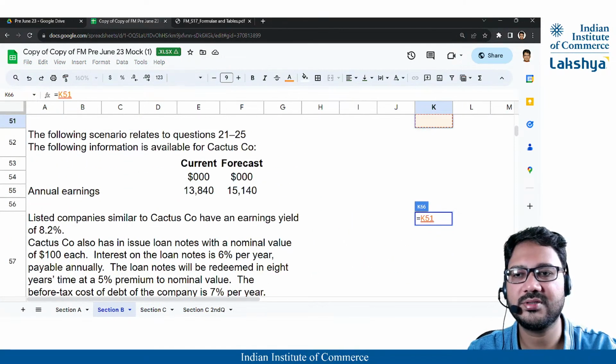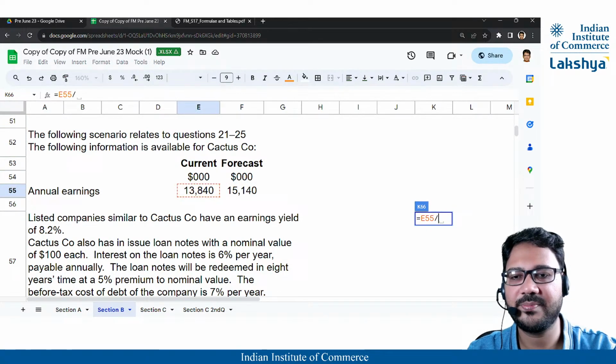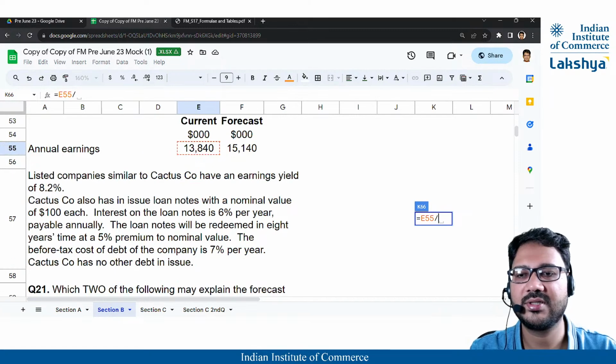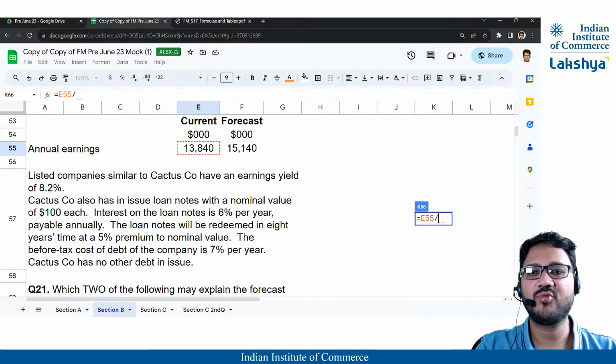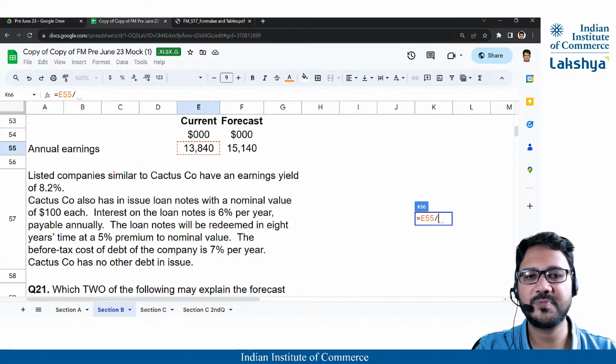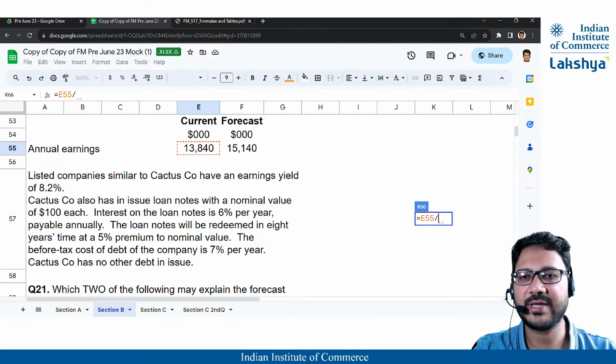How much are the earnings? The current earnings are these many $1,000, divided by the yield. Sorry, we are finding the price. So what is the yield? Now, the listed company similar to Cactus is 8.2%. Do we have the Cactus company's yield?